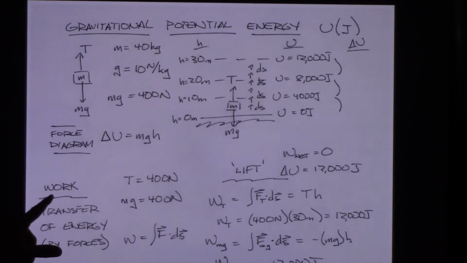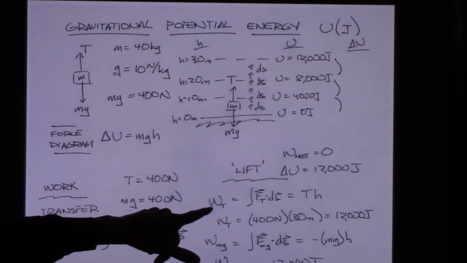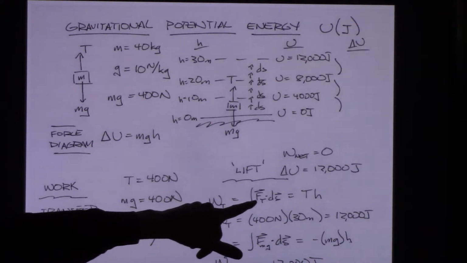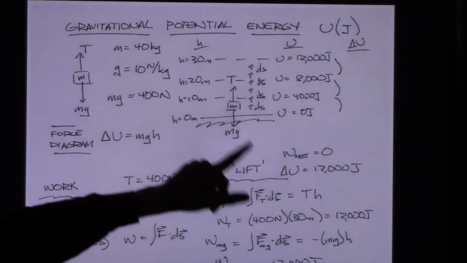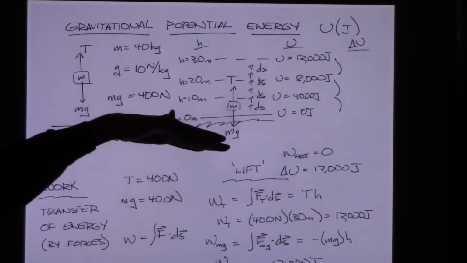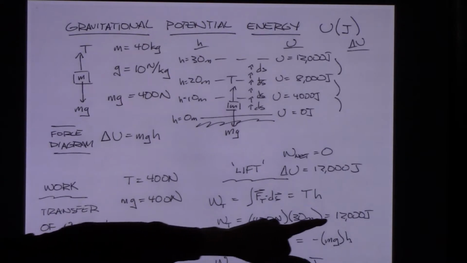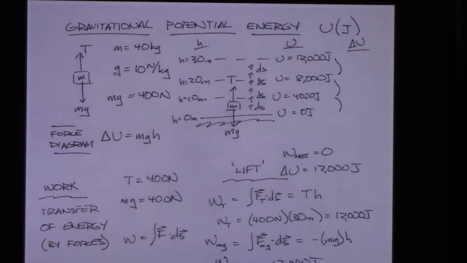How is the work that I'm performing related to the potential energy? It turns out that the work is the force integrated over the distance. In the case of the tension, lifting this object 30 meters works out to be 12,000 joules of work that we would have to perform.